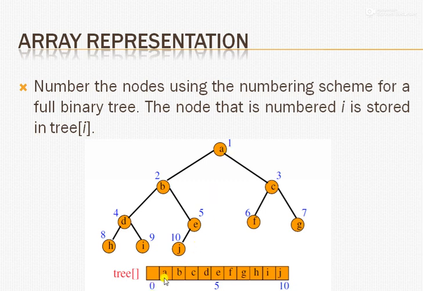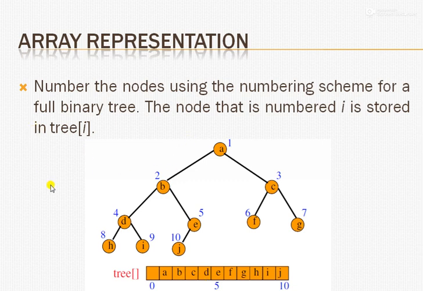That means in index number 1 we store A, index number 2 we store B, index number 3 we store C, index number 4 we store D, and so on. So this can be an array representation of the tree-like structure for a binary tree.